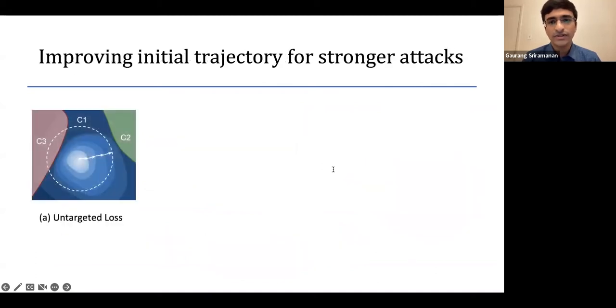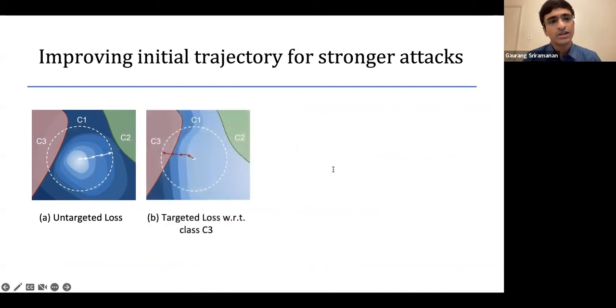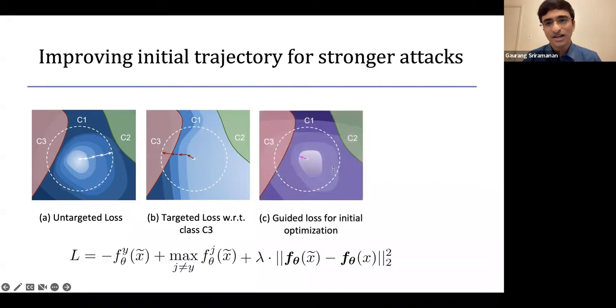The loss surface of deep networks is highly non-convex, due to which a single untargeted attack may fail to find a successful adversary, though it might exist within the constraint set. The use of multiple targeted or untargeted attacks has proved to be effective, but it does come with an increased computational cost. In this work, we propose to utilize supervision from the function mapping of clean samples in order to identify an initial direction that would lead to a stronger attack.